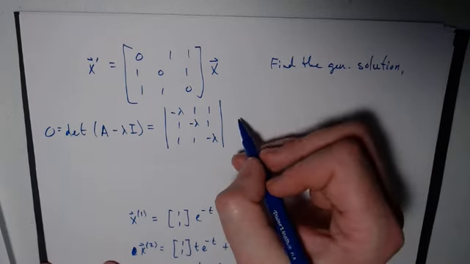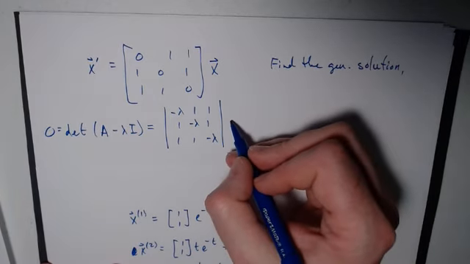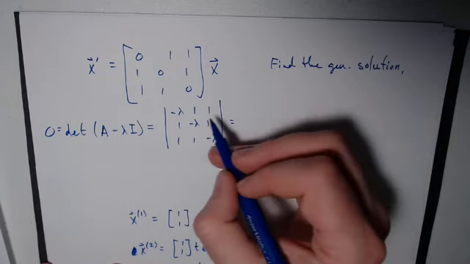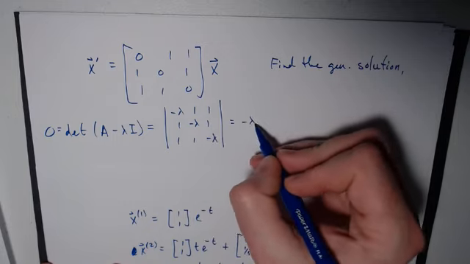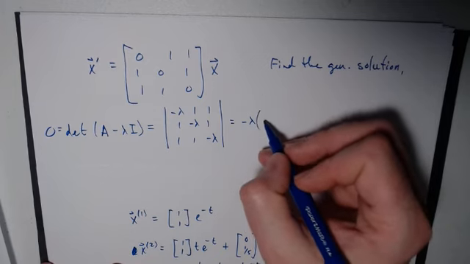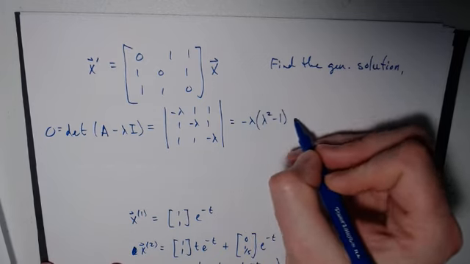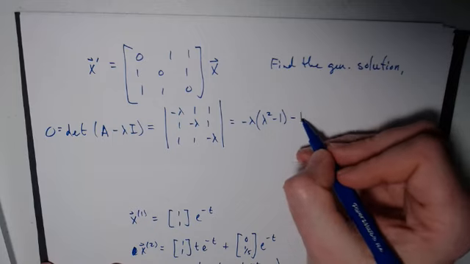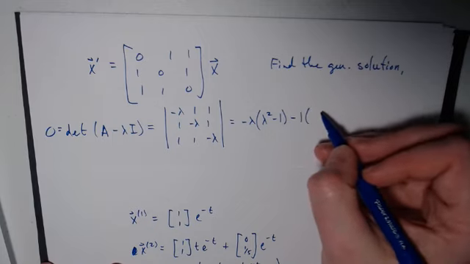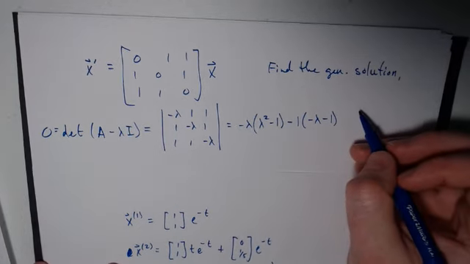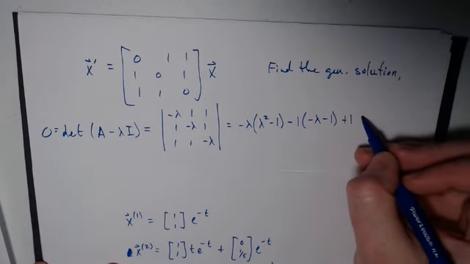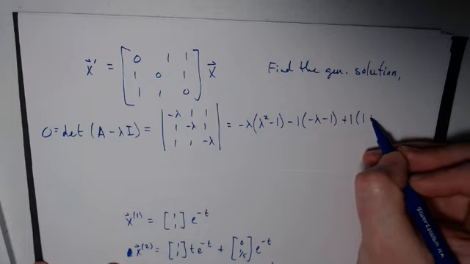Now, in terms of a determinant, this one's not exactly pretty. I'm just going to do cofactor expansion across the top: negative lambda times (lambda squared minus 1), minus 1 times (negative lambda minus 1), and then plus 1 times (1 plus lambda).